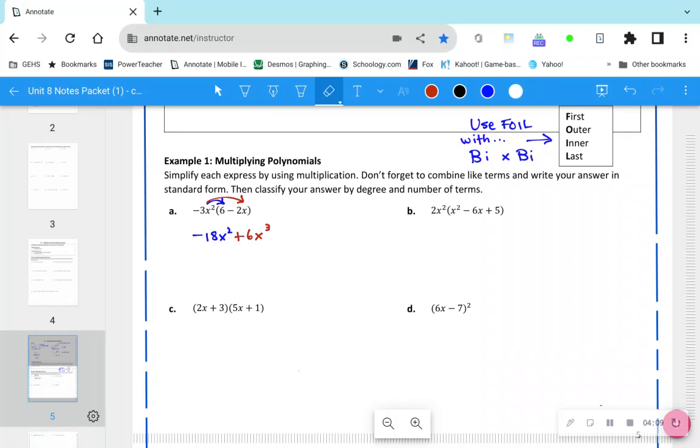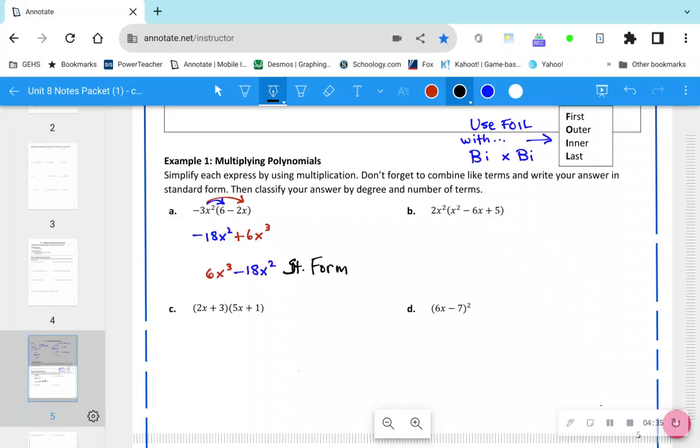And you may notice that this is not in the right form. You've got your x cubed at the back. When it's the highest exponent, it belongs at the front. So I've rearranged it, and that would be putting it in standard form. That's kind of a funny S, but anyway, standard form is what that's supposed to say there.